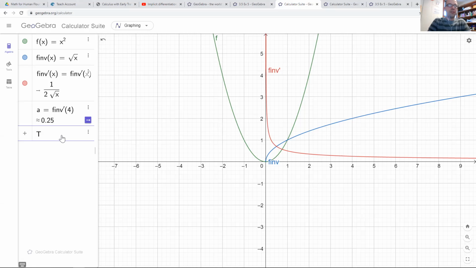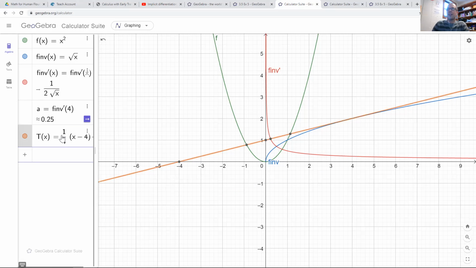Let's call this big old T of x. We'd need the slope. And so we're hoping that the slope's going to be 1/4 times (x minus 4) for the x value, and then plus 2 for the y value gives us a tangent line on our inverse function.